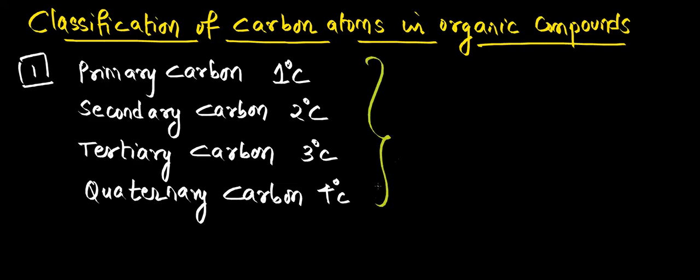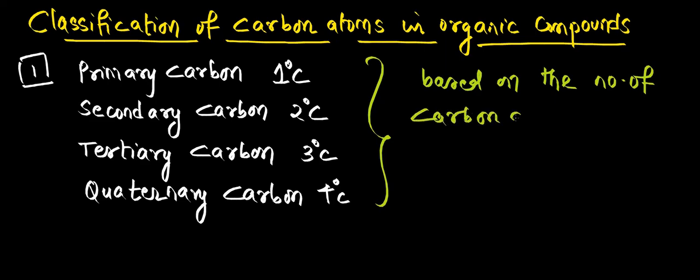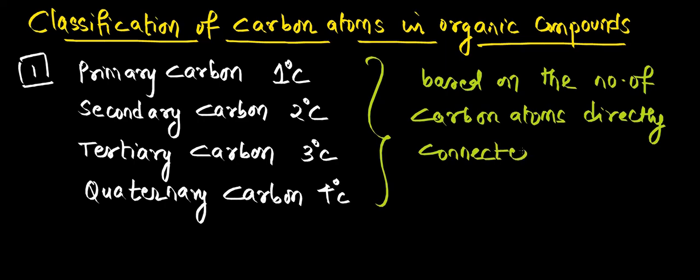This classification is done based on the number of carbon atoms directly connected with that carbon. Suppose I want to decide whether some specific carbon is primary, secondary or tertiary.